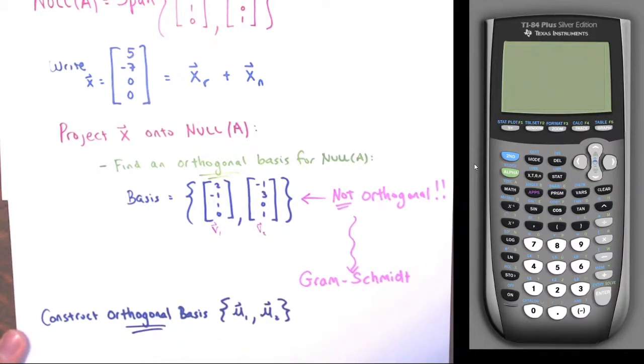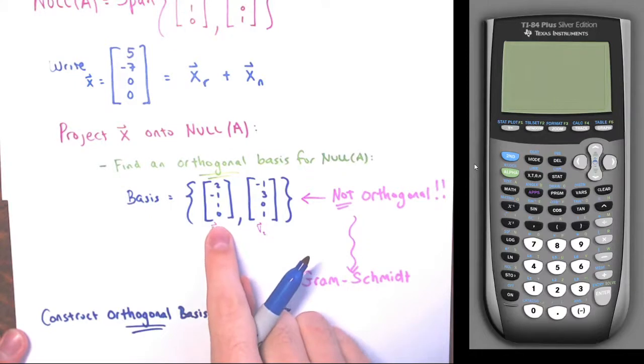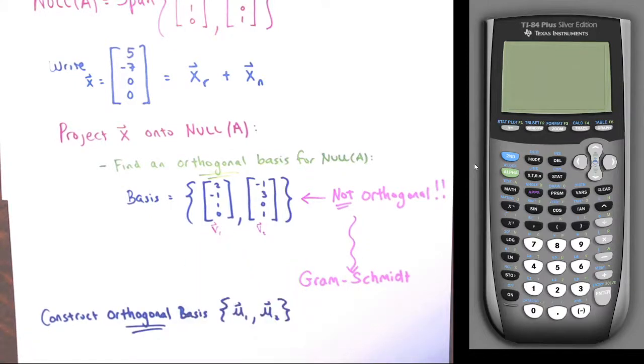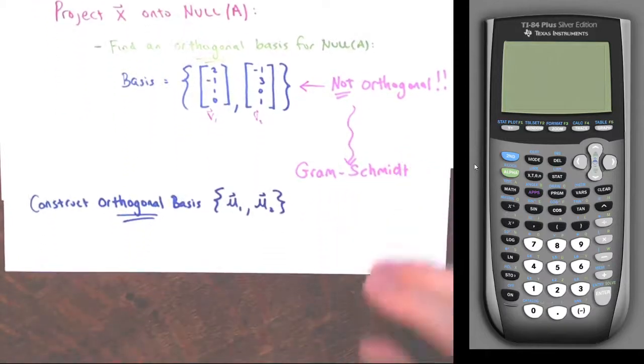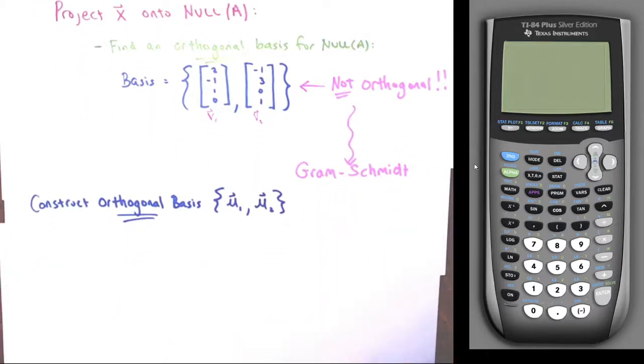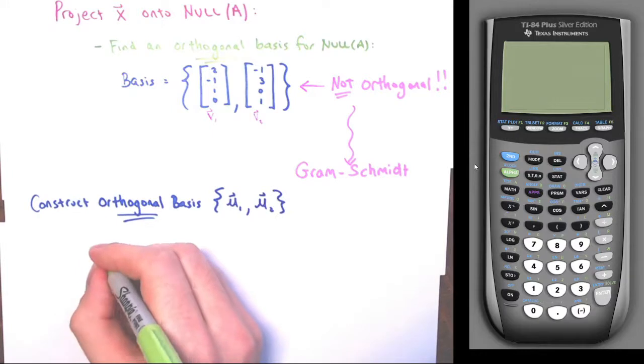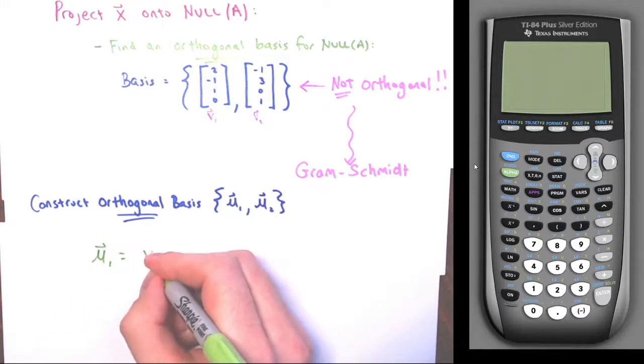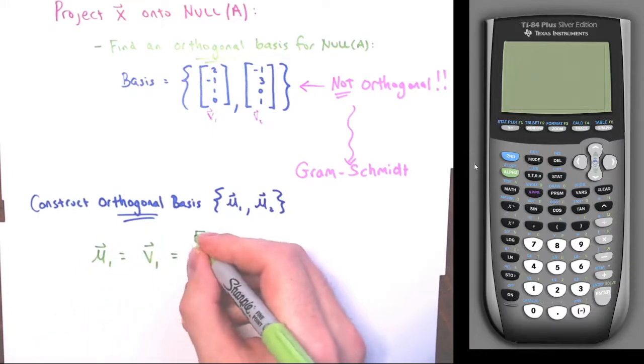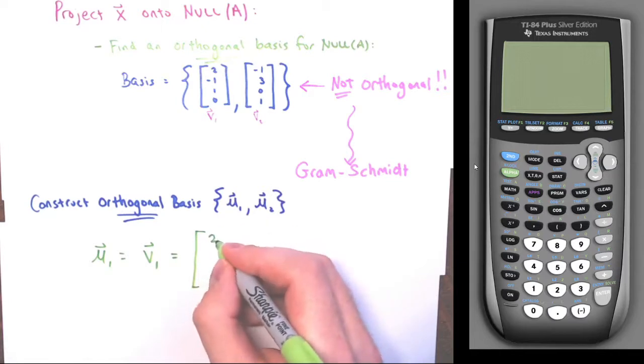For u1, I just let it be v1. Just pick the first vector in my original basis. I'm hoping you've seen this procedure before. So u1, easy, I'm just going to let that be v1. The first vector in my orthogonal basis will be 2, -1, 1, 0.